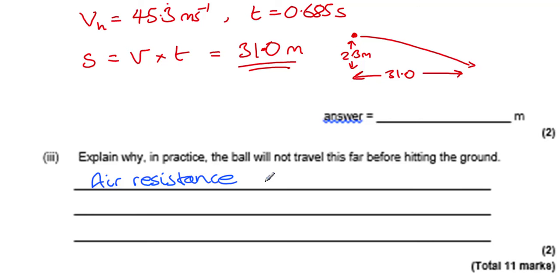What the air resistance does is that it causes forces on the ball, and that decelerates it. So it's got deceleration, and then the horizontal speed reduces because of air resistance. That's what gets you your 2 marks.